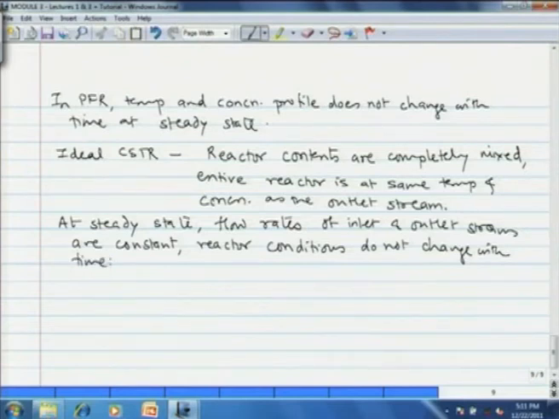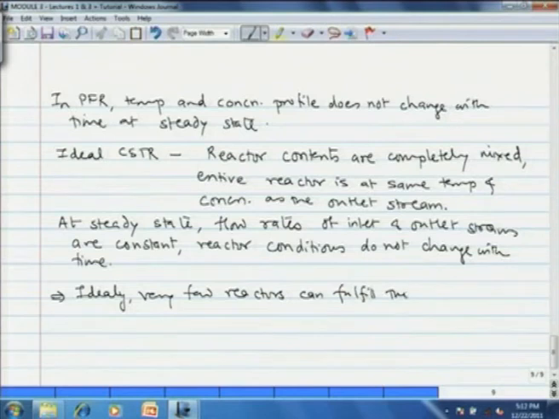Now, ideally, very few reactors can fulfill these criteria, and there is always a deviation from ideality.